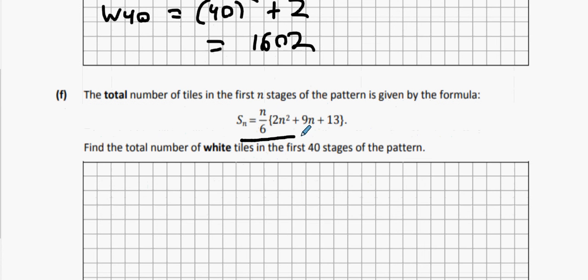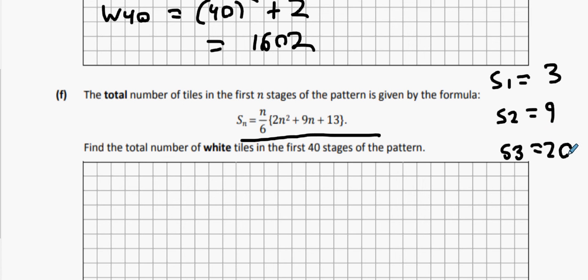Now, what you want to do here? You can throw into the calculator and see what it does. And here's what it'll spit out. S1 is 3, S2 is 9, then it'll spit out S3 is 20, and then S4 is 38.